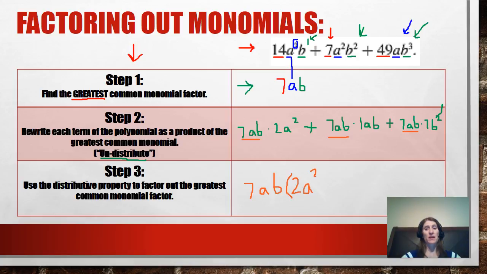And then I write what I have left in the second term, ab. I'm going to leave the 1 out for now. And what I have left in the last one would be 7b squared. And then I close my parentheses, and I have my answer. We just factored a monomial out.